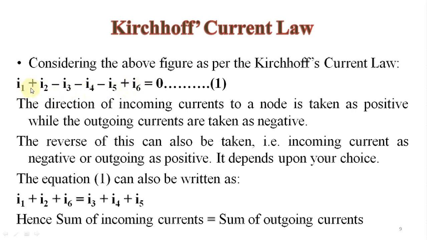The positive sign is for current towards the node and the minus sign is because current is leaving the node. If we rearrange this equation, we may write I1 plus I2 plus I6 is equal to I3 plus I4 plus I5. That means the sum of the incoming current is equal to the sum of the outgoing current. I3 plus I4 plus I5 are our outgoing currents.